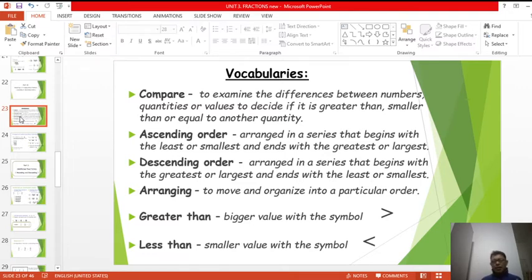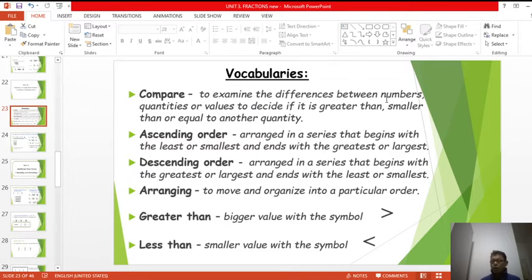We have here compare, because you might hear me using these words often, so it's better to know these vocabularies. Compare means to examine the differences between numbers, quantities, or values to decide whether it is greater than, smaller than, or equal to another quantity.